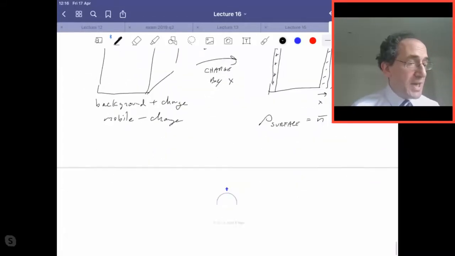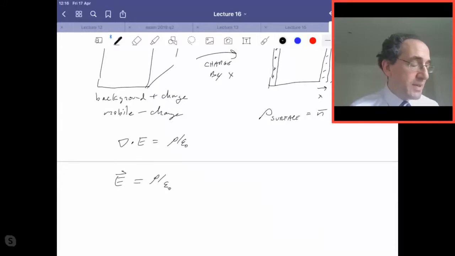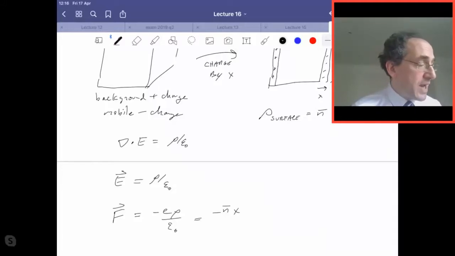or a capacitor, and we'll recall from Gauss's law, del dot E equals rho over epsilon naught, that the electric field is surface charge density divided by epsilon naught, pointing perpendicular to the surface. The force on the charges is then minus e times the surface charge density divided by epsilon naught, which is minus n bar x, because that surface charge density is n bar x times e.